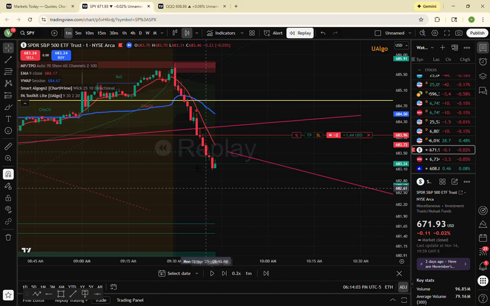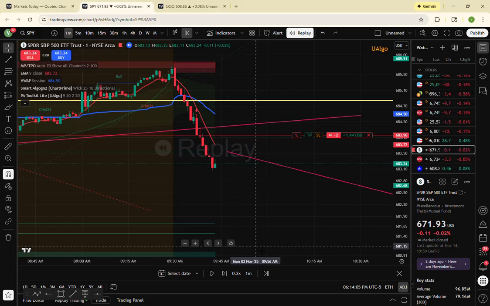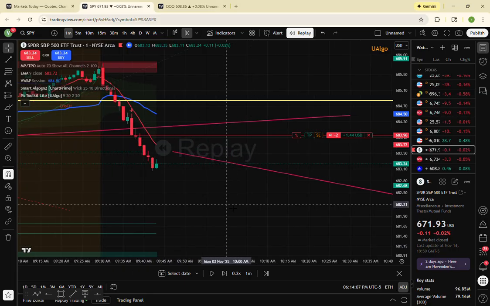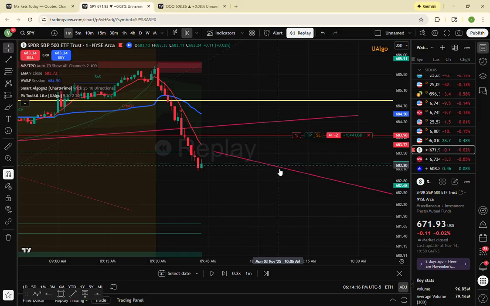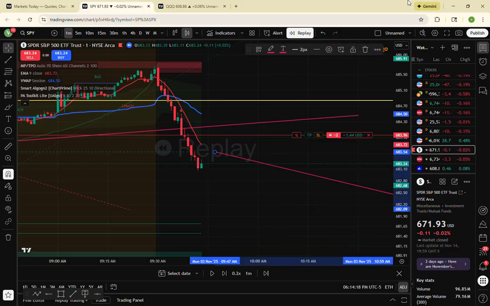Okay. So this is a reversal right now. So I could take my trade right here. Let me close this line.